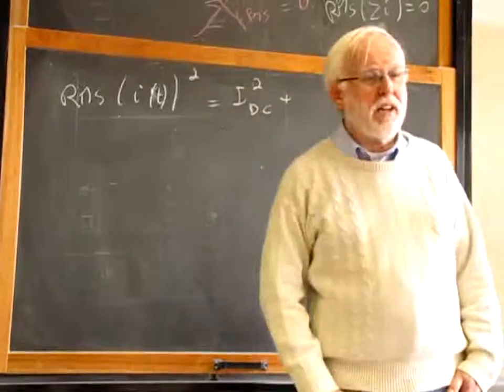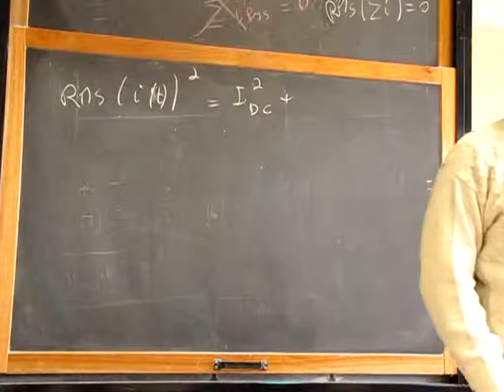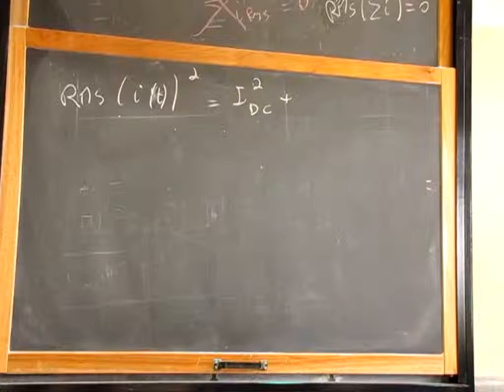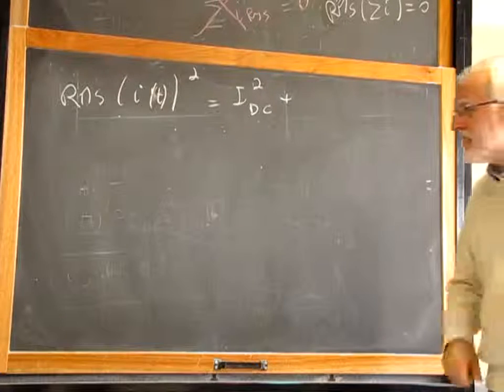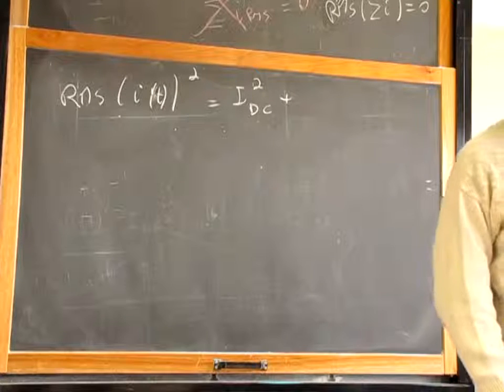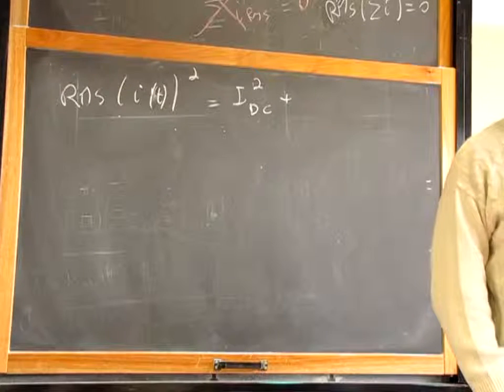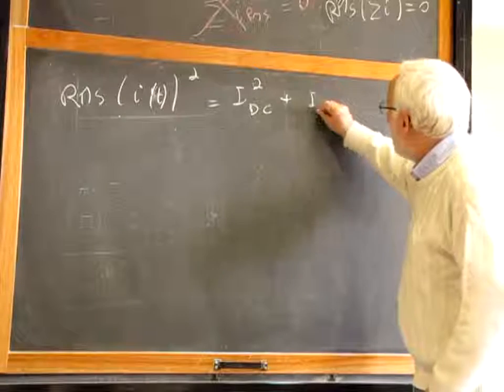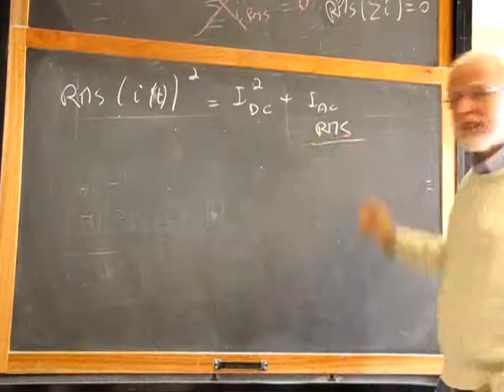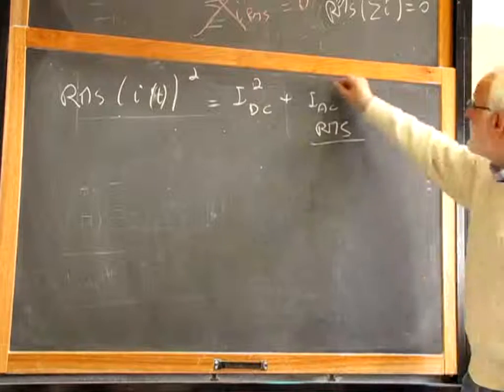Plus, what about the second integral? I_DC times I_AC integrated over one cycle is 0. Why? Because I_DC is a constant, moves out from the integral, and you have the average value of I_AC, that is 0 by definition, because it's just an AC component. So the second term is 0, and the third term is the integral of I_AC squared from 0 to T_sw. This is just the RMS value of the AC component, so this is I_AC RMS squared, and this RMS applies only to the AC component.